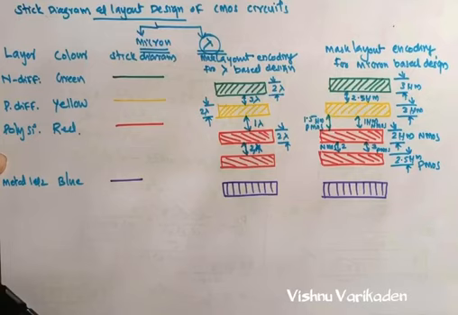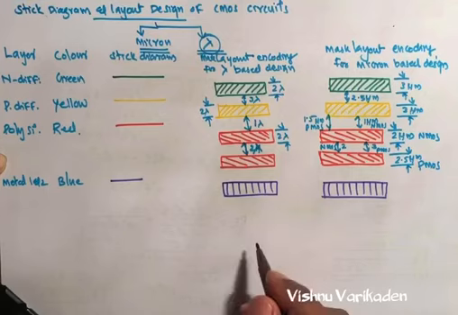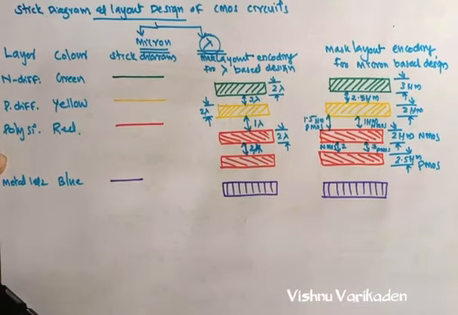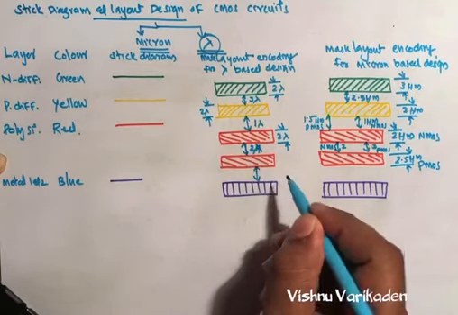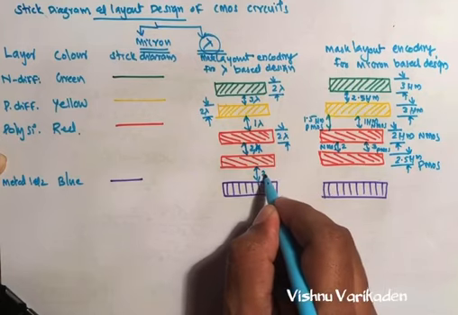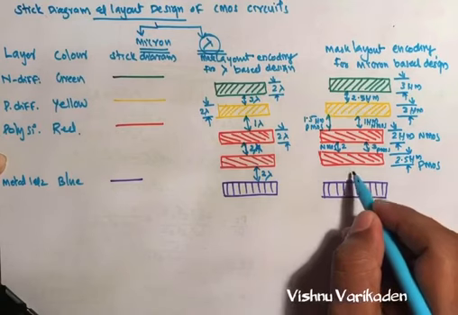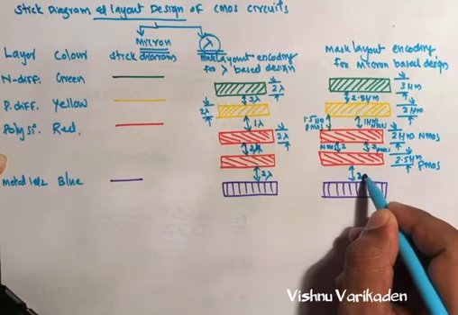In this, the distance between the polysilicon and metal is 2 lambda. Now between the metal and our polysilicon is also 2 micrometer.